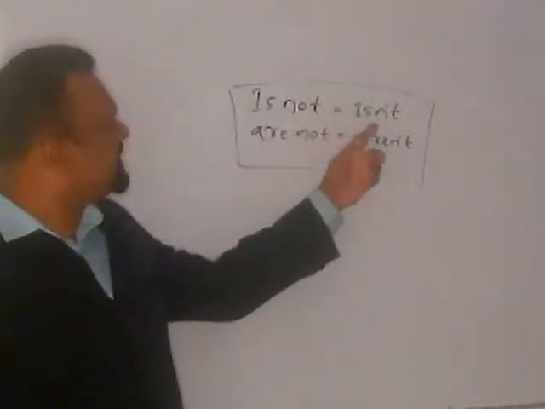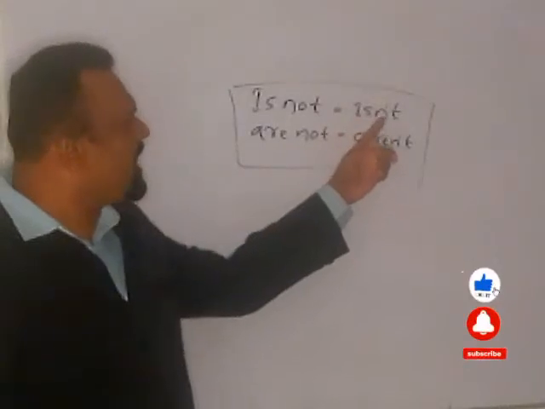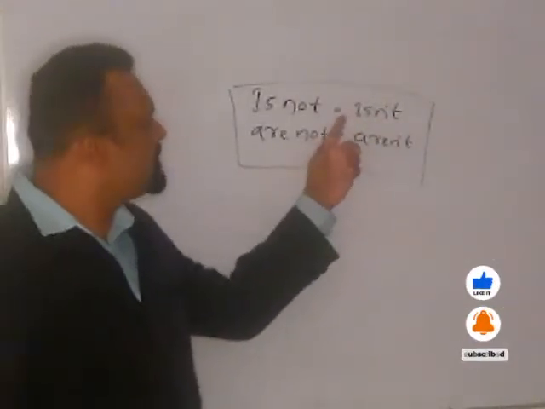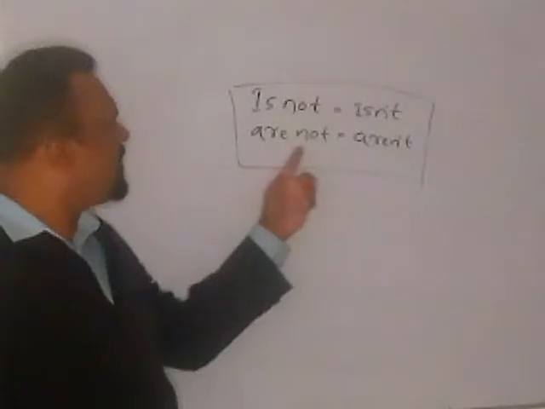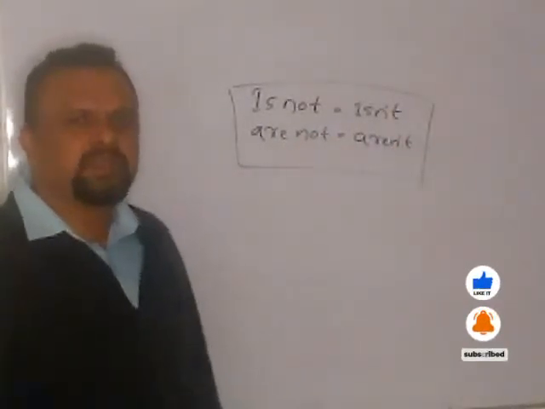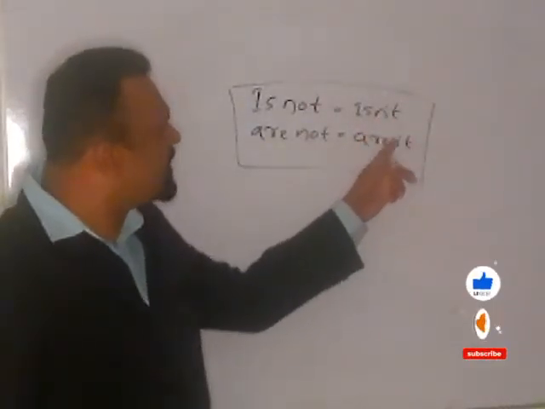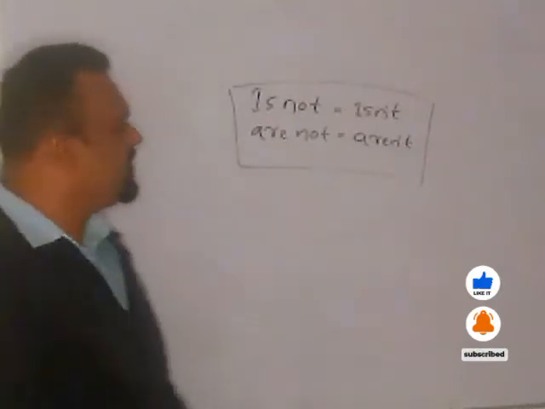Is not, isn't. We have used apostrophe in this place. Are not, aren't. We have used apostrophe in this place. What's the meaning of apostrophe? Make come out.